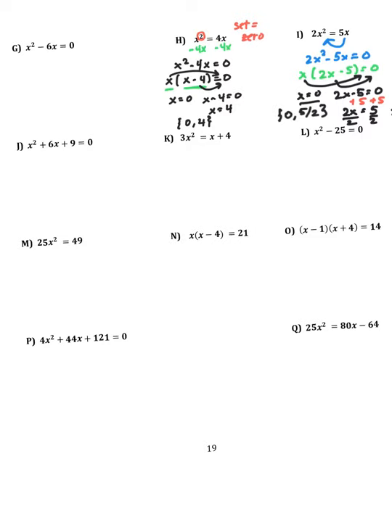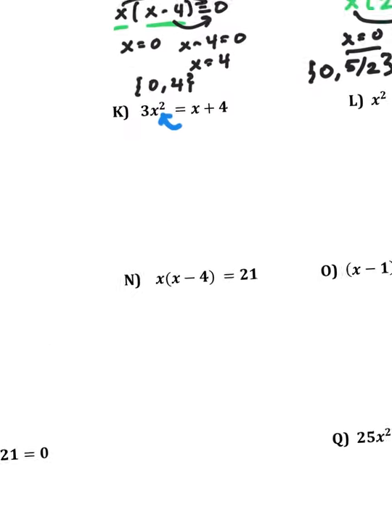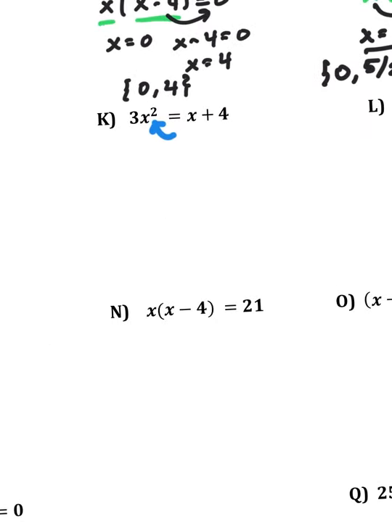We can go to letter K just to change it up a little bit. It's a quadratic, and it is not set equal to 0. So the very first thing I would do is move everything to the left by subtracting 4 and subtracting x, right?